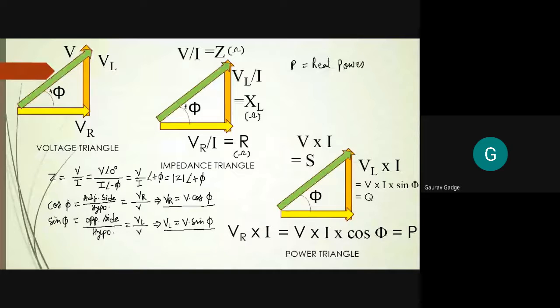Then Q is on the imaginary axis, that is reactive power. This power is also named active power: real power, true power, active power. And what reacts to the active is reactive power, that is Q. And S is apparent power.